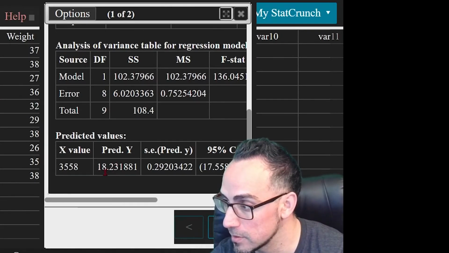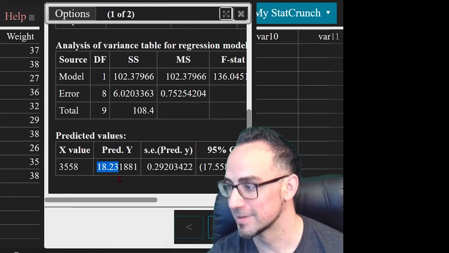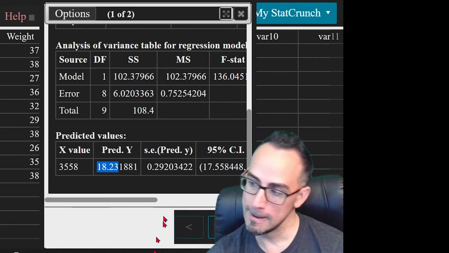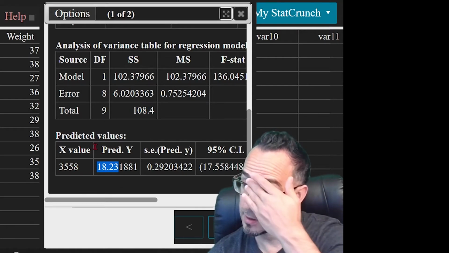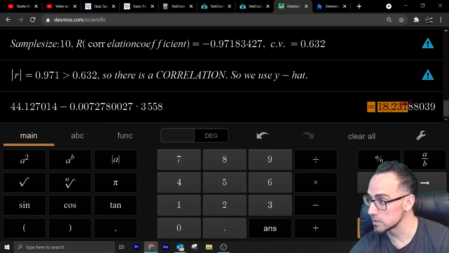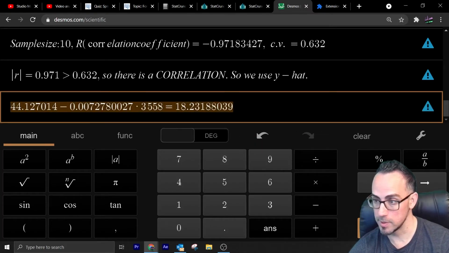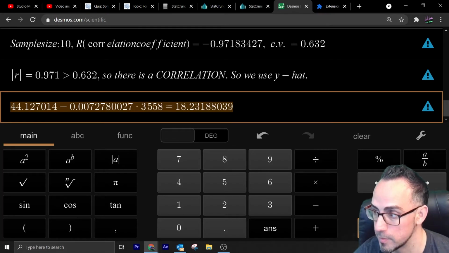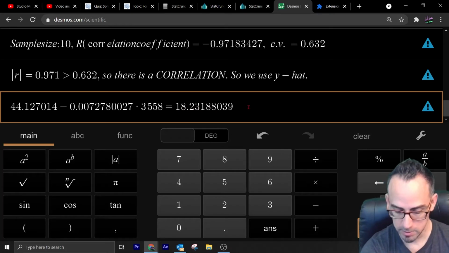If I scroll down, 18.23. Look, StatCrunch does it for us. So beautiful, such a time saver. If you do that, make sure you copy this so I know how you did it, and just do Control C, Control V. Otherwise, just copy that in for your work. You've got to show your work for part B, right? So we're predicting 18.23.